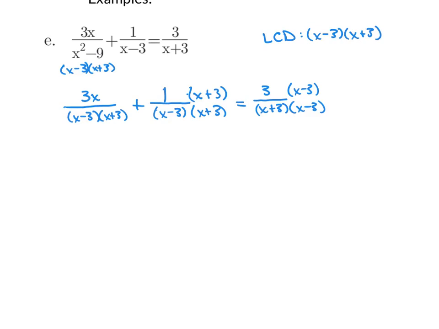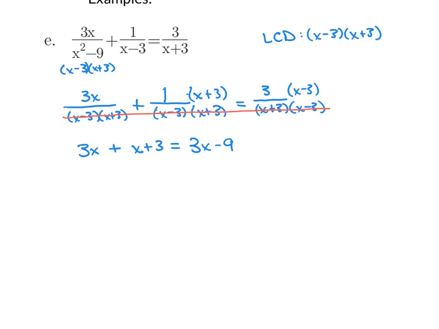From here, I can cancel all of my denominators. And let's see what our resulting equation is. We have 3x. I'm going to go ahead and distribute or clear the parentheses. 1 times x plus 3 is just x plus 3. And 3 times x minus 3 is 3x minus 9. We can combine our like terms.